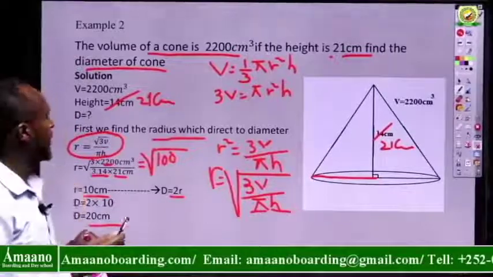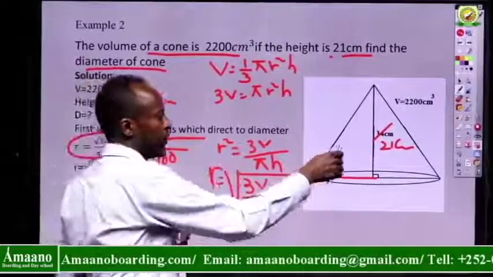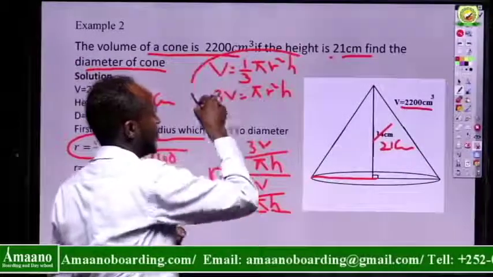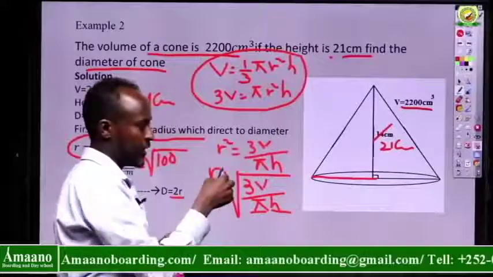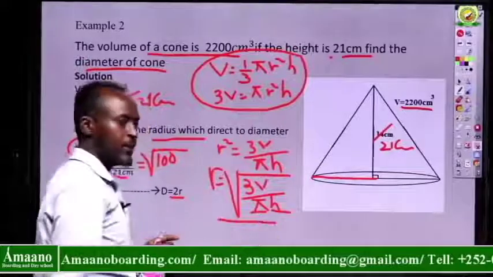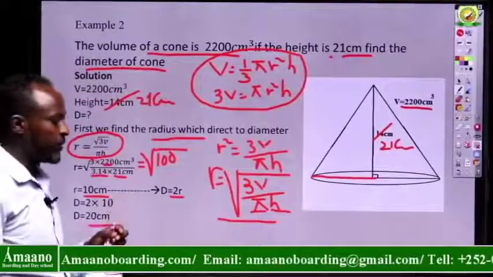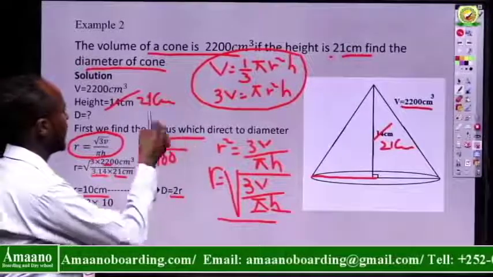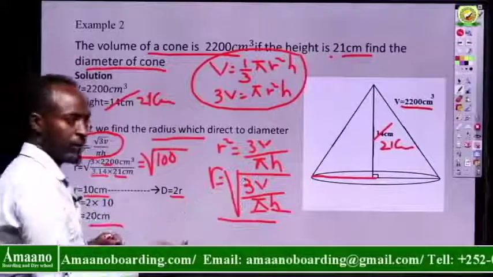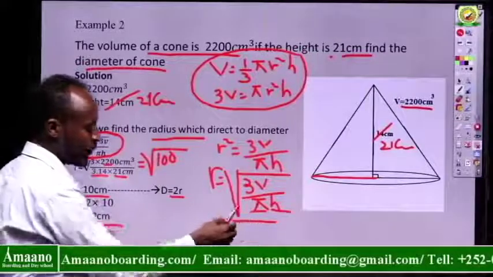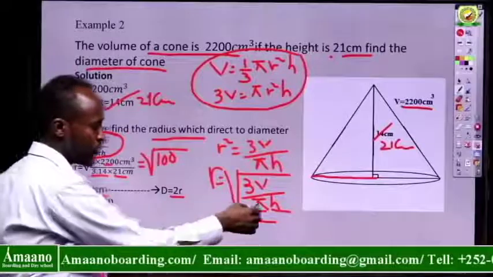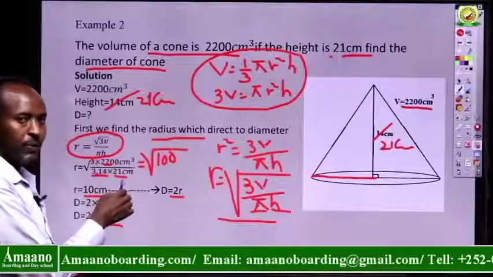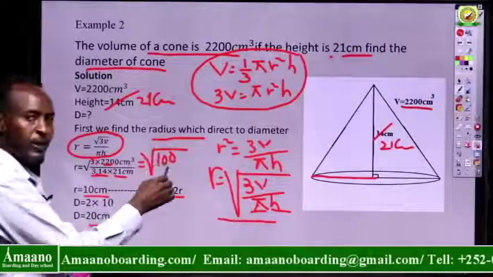Therefore, in this case, we are given the height and the volume. By making a transformation of the formula, we make r the subject. R is the square root of 3 times the volume divided by pi h. Then we substitute the values, which gives the square root of 100.